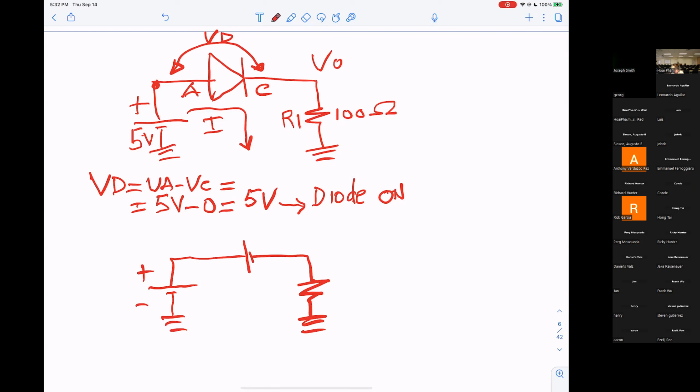Plus minus 5 volt. And the voltage here will be positive. This will be negative 0.7 volt. That means you substitute by the battery.